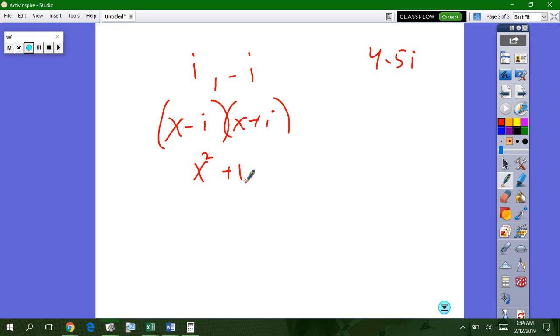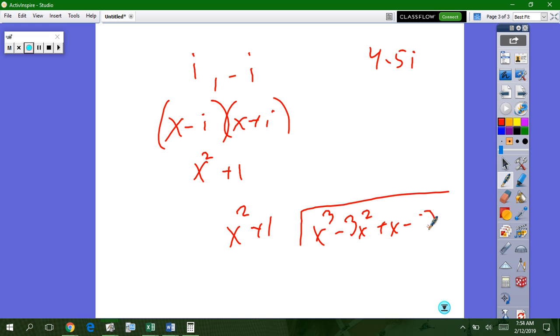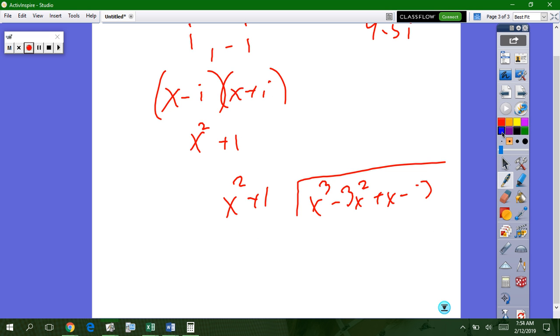So now I have something that, if I wanted to, is a factor. So if I do long division, which was x cubed minus 3x squared plus x minus 3, correct? Is that right? Okay.